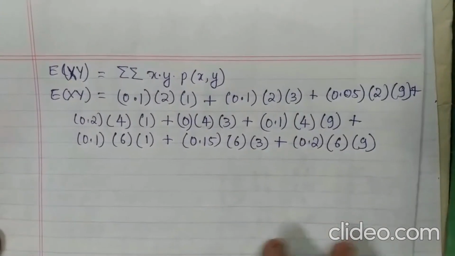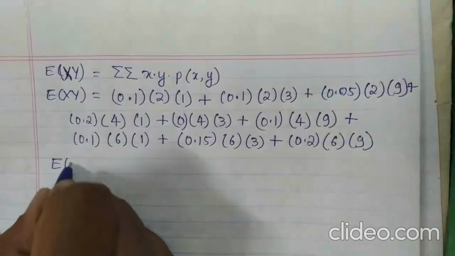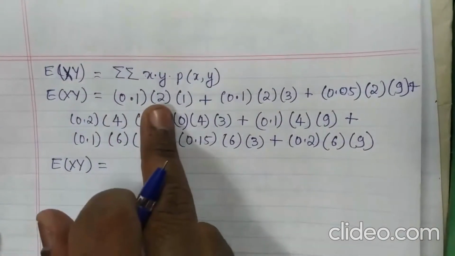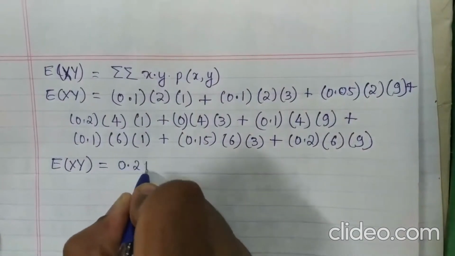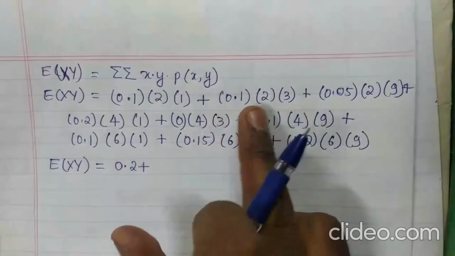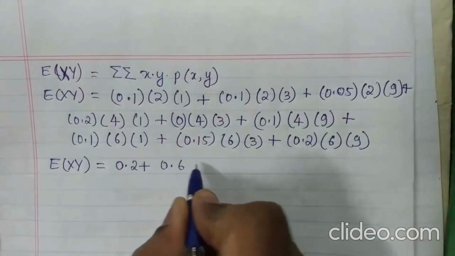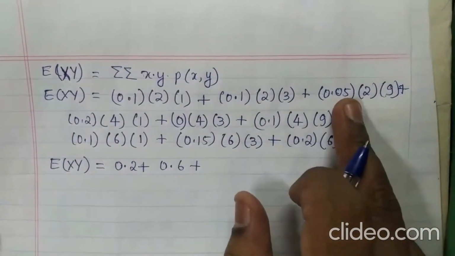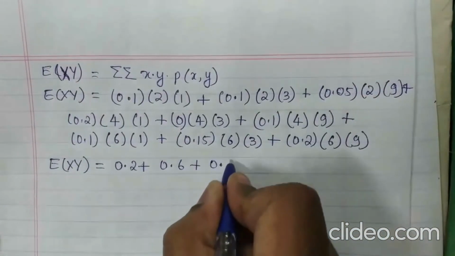Now just solve this, you will get E of xy. This is quite simple, that is why E of xy is equals to 0.1 multiplied by 2 multiplied by 1 will give you 0.2, plus 0.1 multiplied by 2 multiplied by 3 will give you 0.6, plus 0.05 multiplied by 2 multiplied by 9 will give you 0.9 and so on.